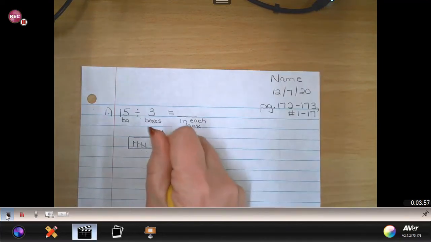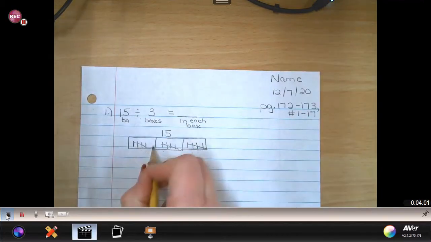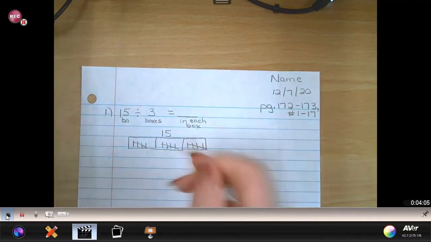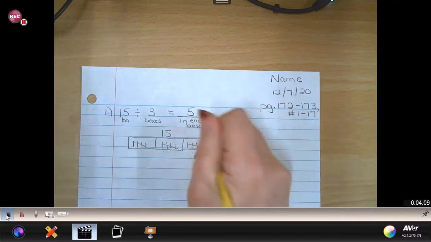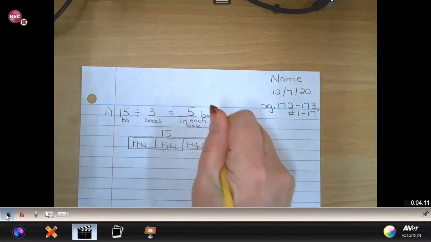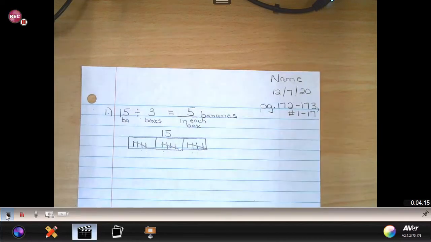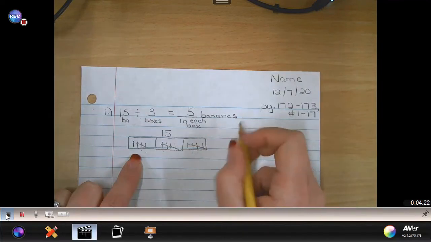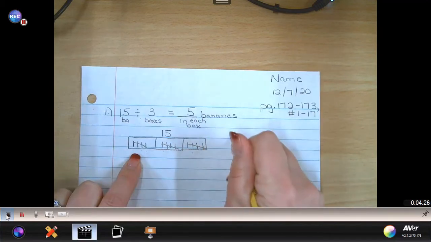So if I take these 15 and put them into 3 groups, the box is considered the group, there are going to be 5 bananas in each box. Now, notice that you can use multiplication, and so we're going to use multiplication to check our work. So if you look at your picture that you just drew, we have 3 groups.